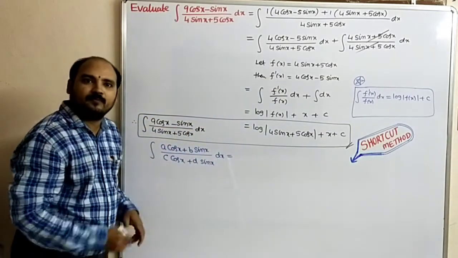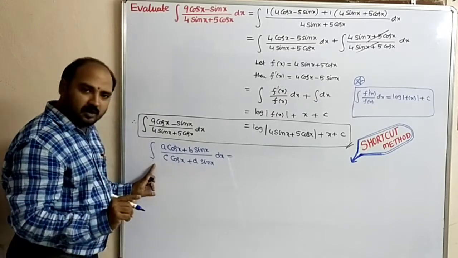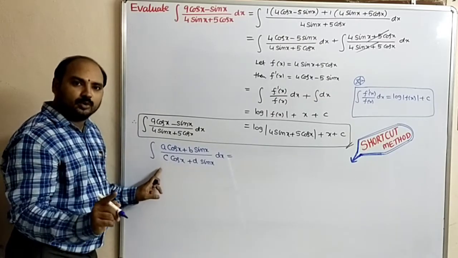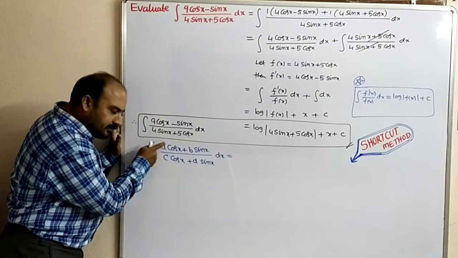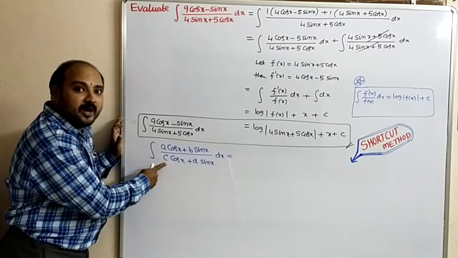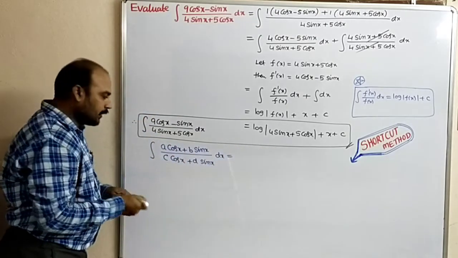Observe carefully. Whenever you are going to apply the shortcut formula, you need to keep the given integral such that the first term in the numerator and denominator is in terms of cos. Then only this formula will be applicable.